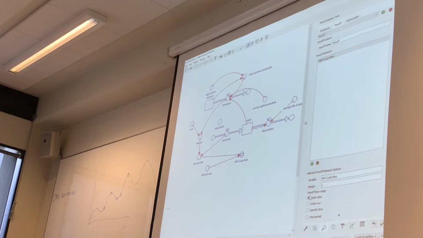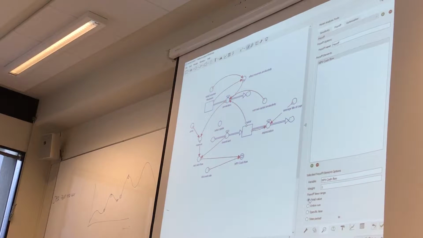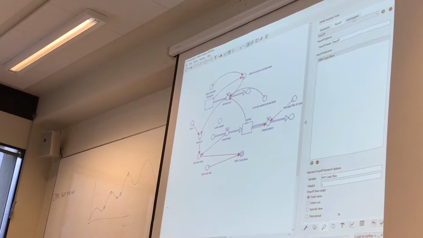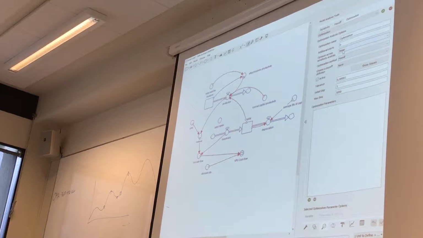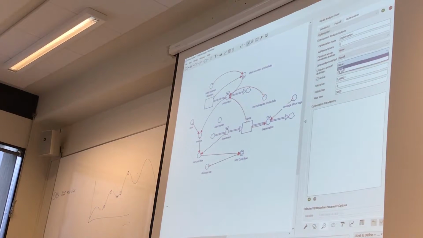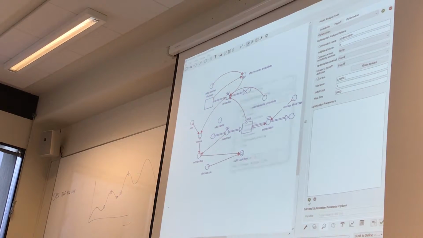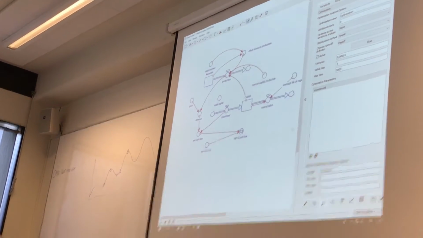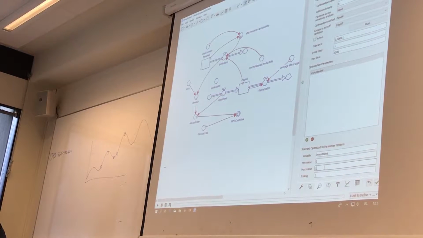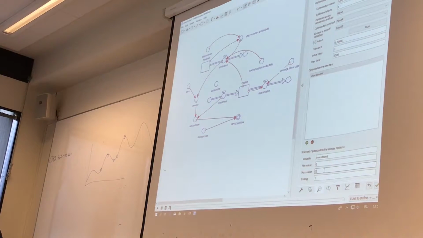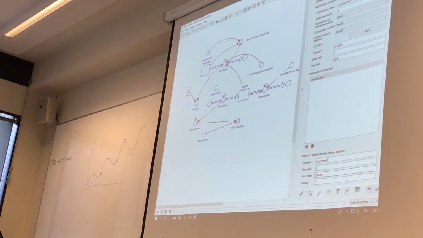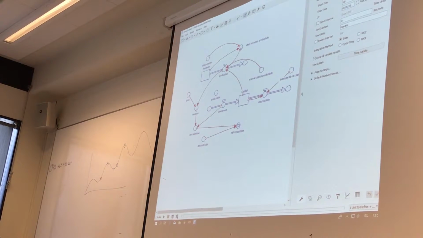And we want the final value again, because that's the thing that matters the most. And then in the optimization, we tell it we're going to use that payoff. And for a parameter, we're still going to have investment. And we're going to let it run from 0 to 25,000. And we're going to optimize.